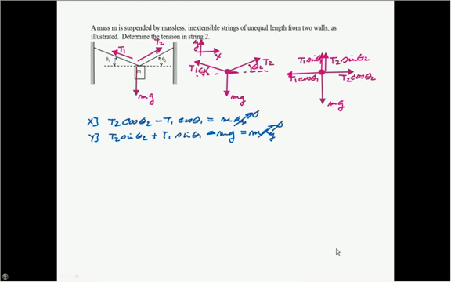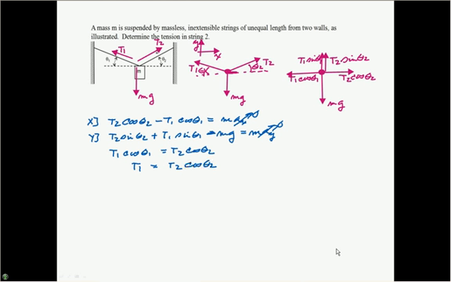Perhaps the easiest way to solve this is to take a look at the x equation and solve for T1. If I do that, then I get T1 cosine theta 1 equals T2 cosine theta 2, or T1 equals T2 cosine theta 2 divided by cosine theta 1.